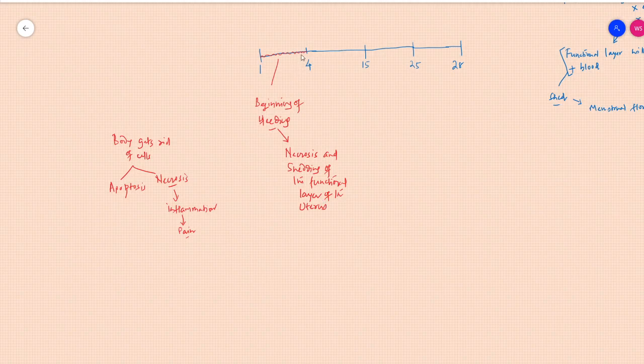So, what has happened? The functional layer has gone. What is left is the basal layer. So now the functional layer has to grow. That is why days 4 to 15 are called the regeneration phase, regeneration of the functional layer.